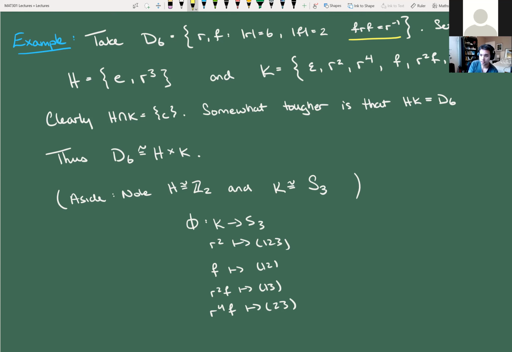Like look at D6 here. We're saying D6 is an internal direct product of Z2 and S3. That's really, really cool. Moreover, we're going to show in a little bit that there's a bijective correspondence, or in fact, an isomorphism between the internal and the external direct product. If we use that information right now and think ahead, that's telling us that D6 is isomorphic to the external direct product of Z2 and S3, right?